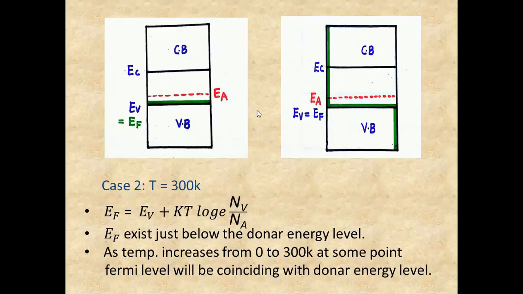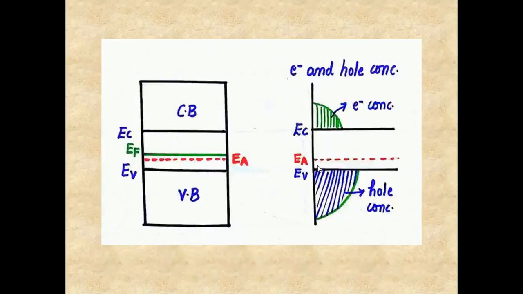When temperature is 300 Kelvin, again it's a formula, and the Fermi energy will be exactly below the donor energy level. So when your temperature increases from 0 to 300 Kelvin, at some point the Fermi energy will be coinciding with the donor energy level. So this is again the same figure.